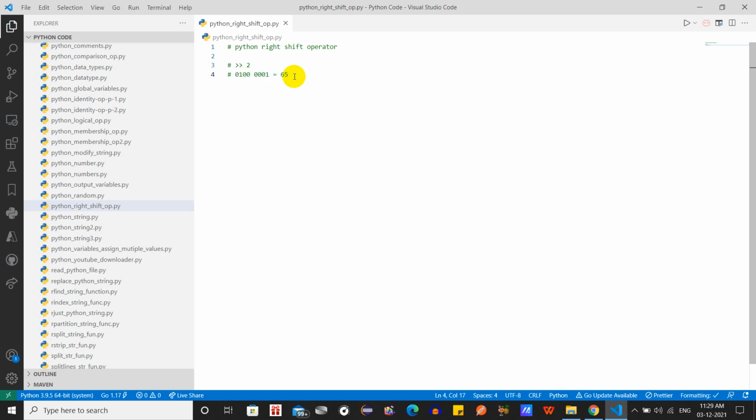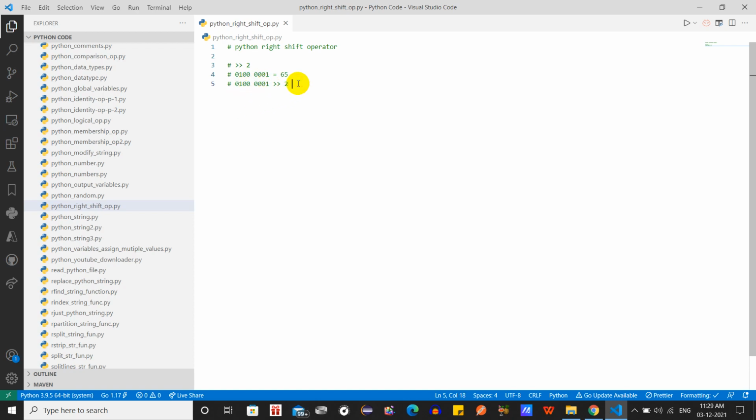In decimal form, when it goes for the shifting: 0 1 0 0 0 0 0 1, right shift 2. What is the meaning of right shift 2? It means moving these bits towards the right. The first 0 1 bits move towards the right, then the next 0 0 0 bits move along.